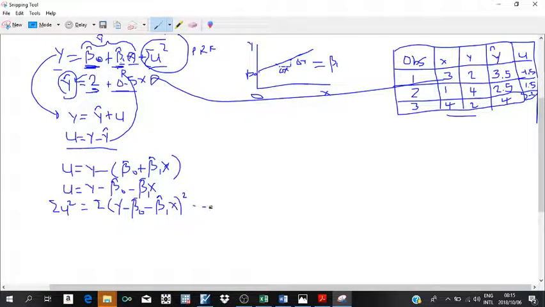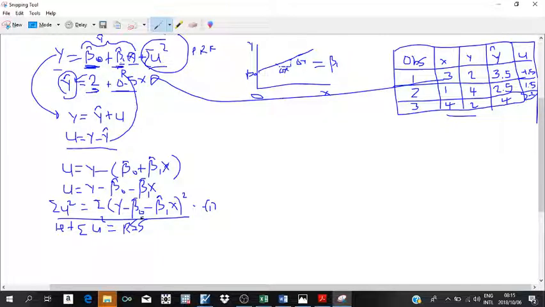Let's call this equation 1. Let this be the residual sum of squares.